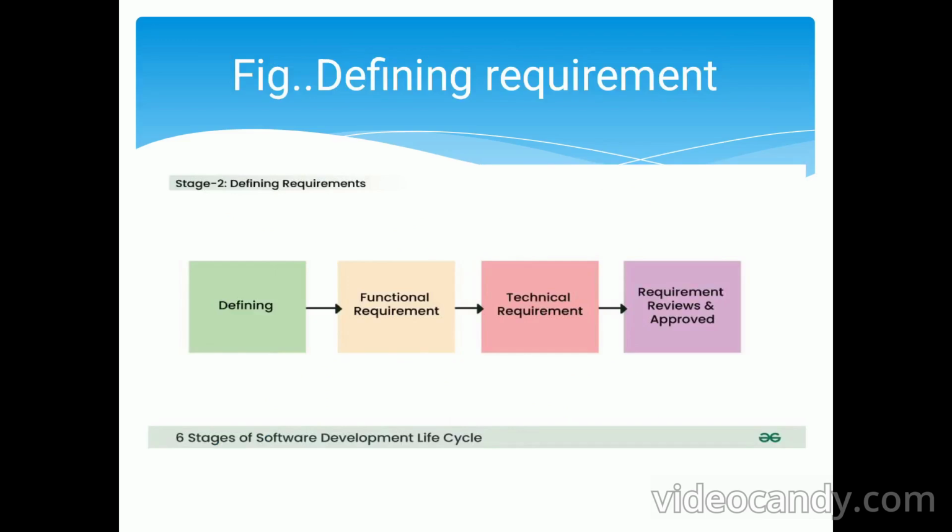So defining requirements focuses on functional requirements, what functionality is initially needed for the development of the individual software product, and technical requirements of various sites, and requirements reviews and approval.